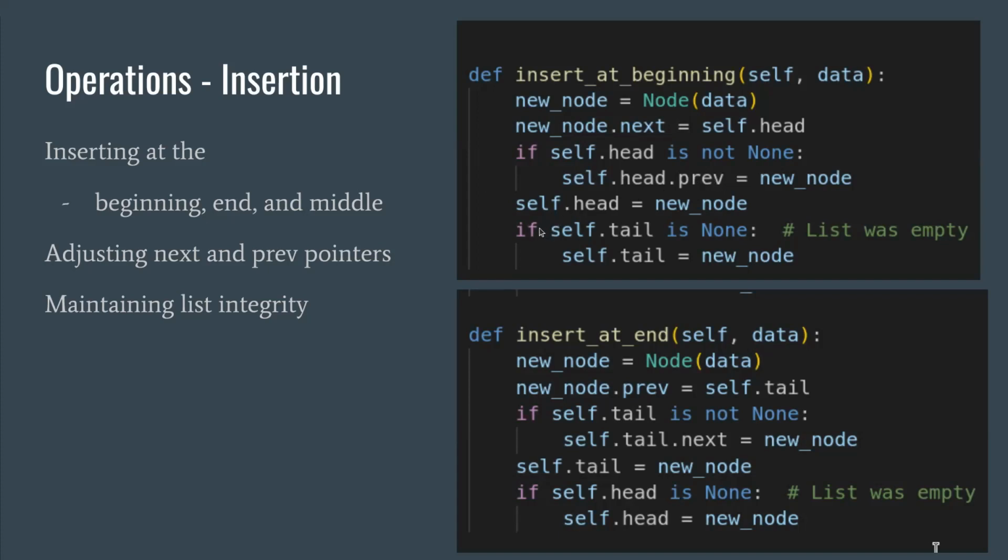And if the list is empty, then self.tail is None, so we will just put tail as the new node as well. Insert at end is very similar, except that we are doing the operation on the tail. Everything else is the same, except that we're using tail, then head.